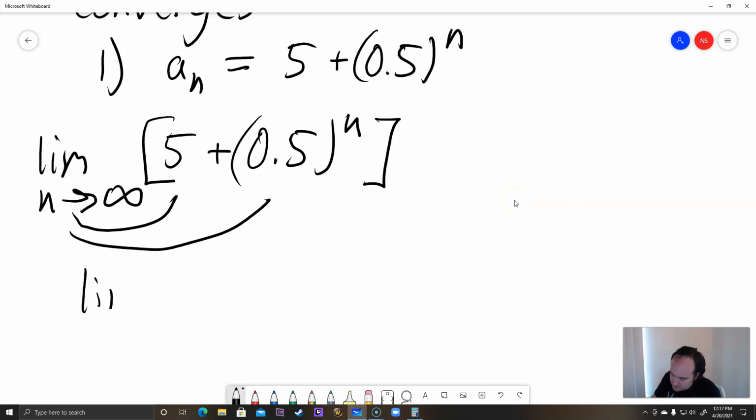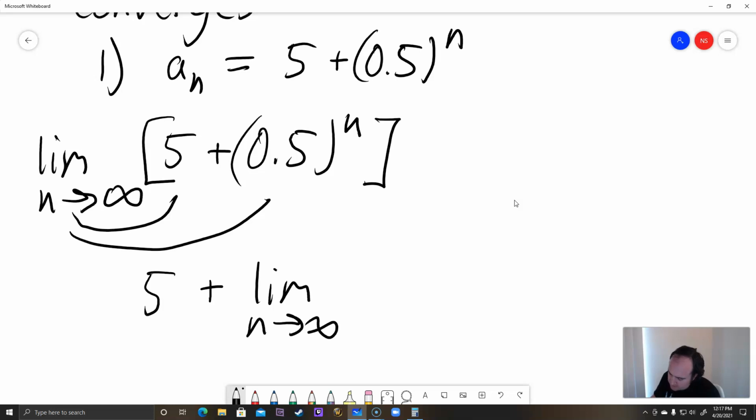Remember, when you're distributing a limit, you basically just plug in and then figure out what happens. So what we've really got here is 5 plus the limit as n goes to infinity of 0.5 to the n.